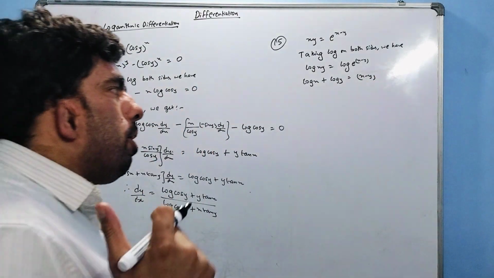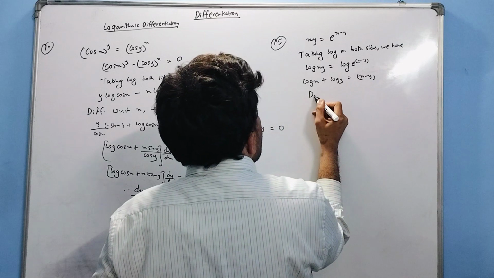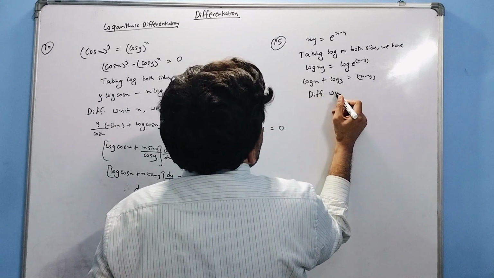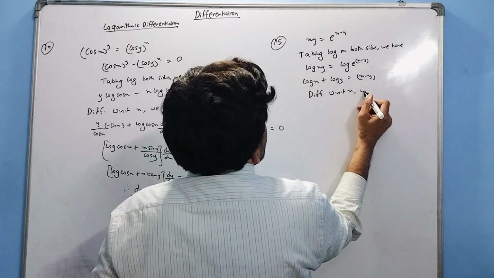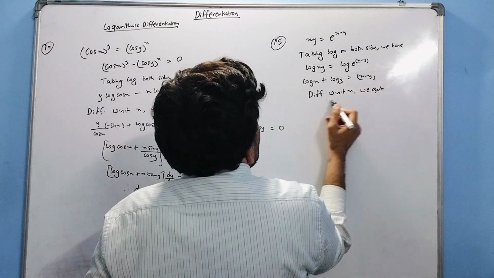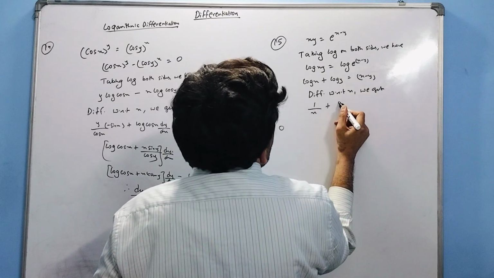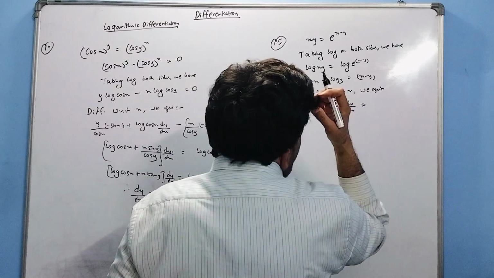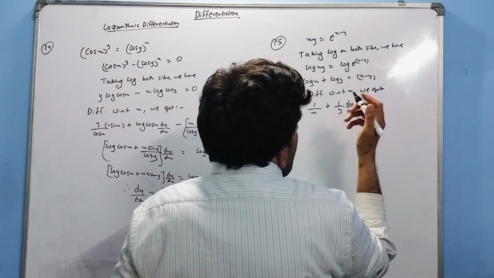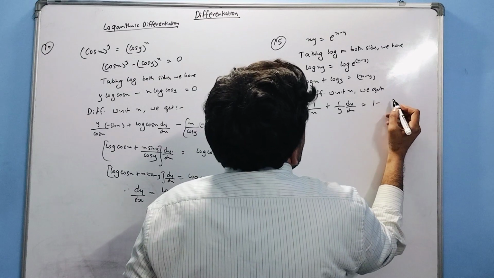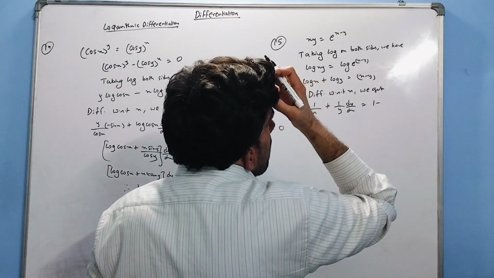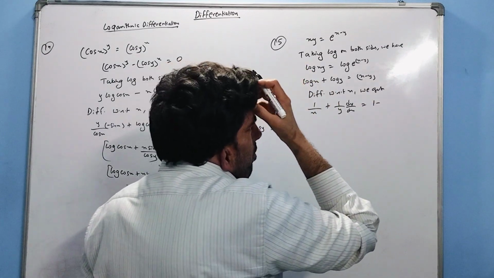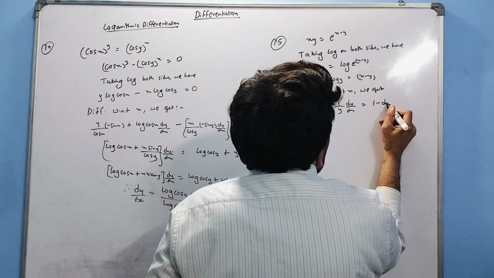So we have this. Now what we can do here, differentiating with respect to x, we get 1 upon x plus 1 upon y dy upon dx is equal to, if I differentiate this, I got 1 minus dy upon dx.